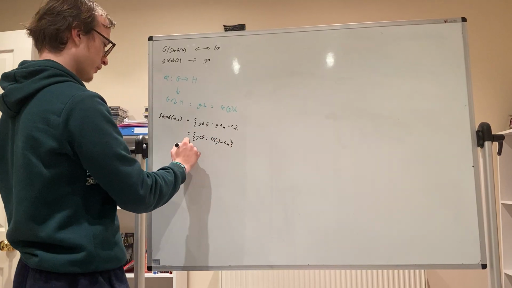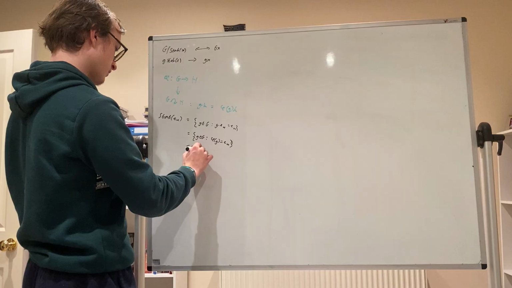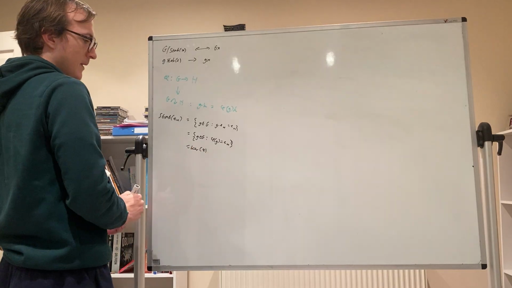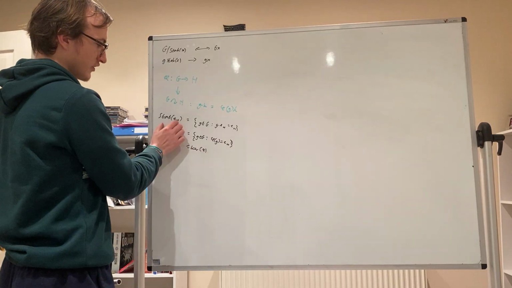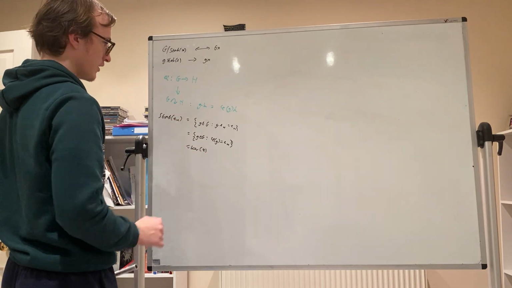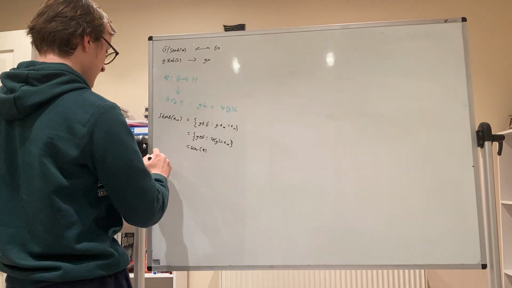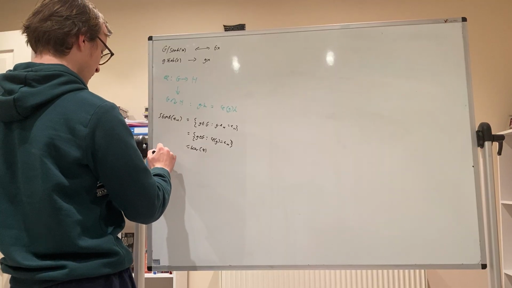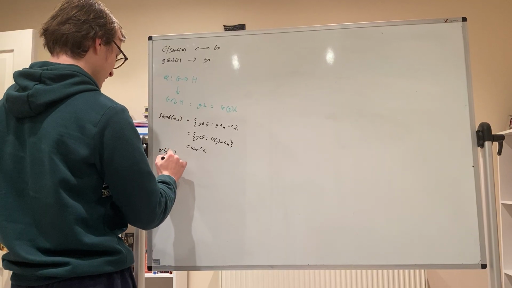But then this is of course equal to the kernel of phi, right? So the stabilizer of the identity coincides perfectly with the kernel.